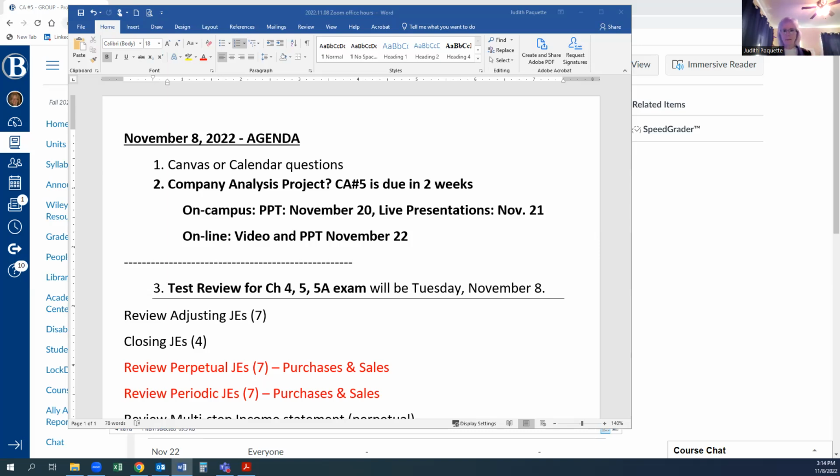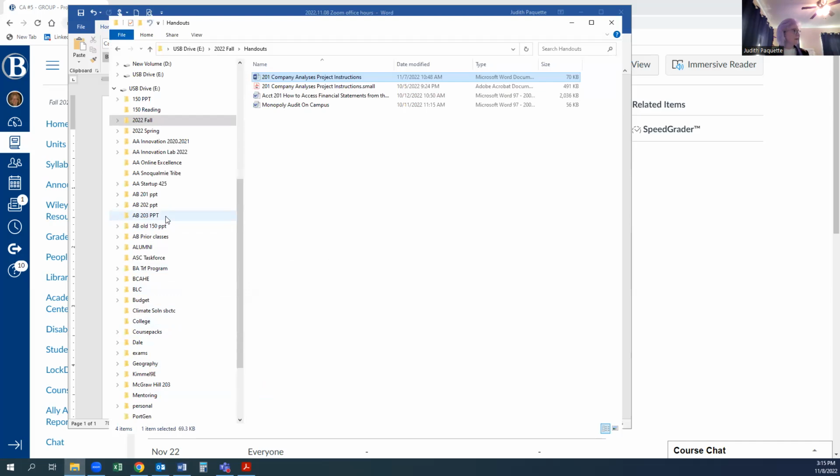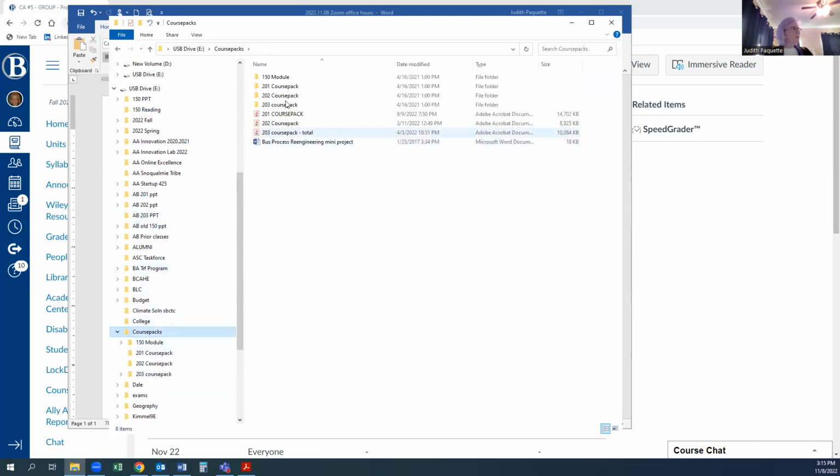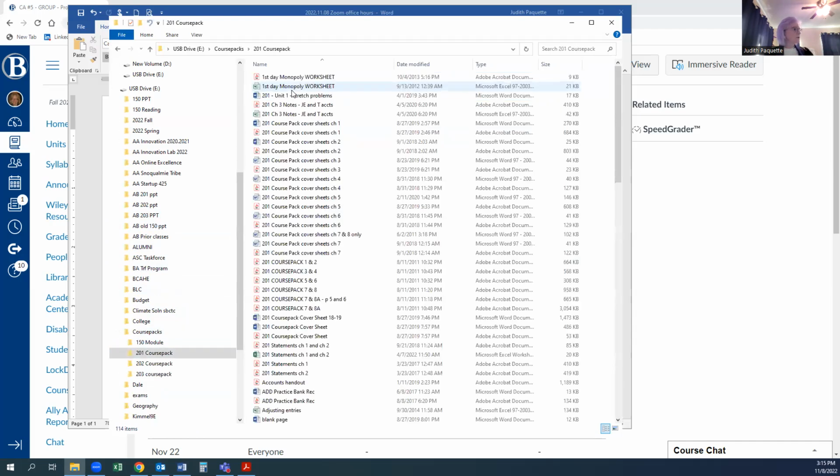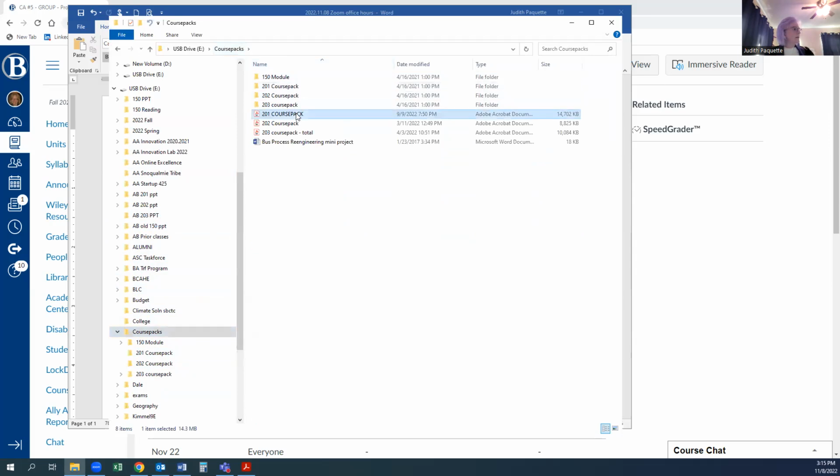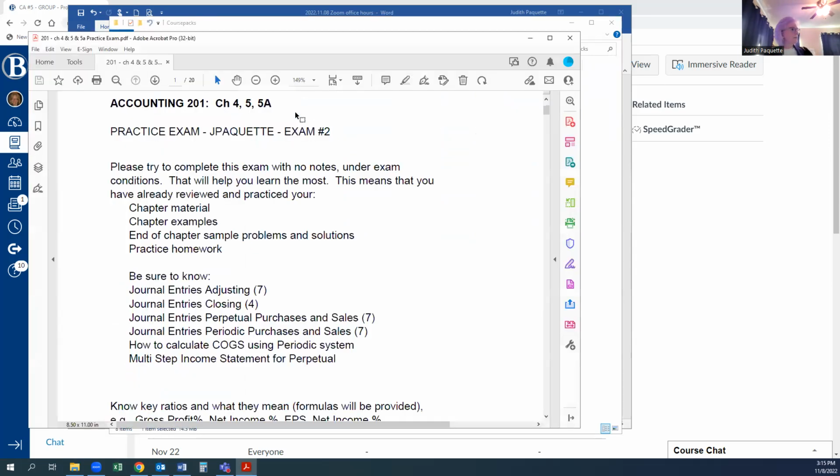And then you've got income before tax, then you've got income tax expense, and then you've got net income. A really good picture of that is in the optional course pack. And I'm just going to bring that up real quick, just so you see. There's one in your textbook too, but I also put it in the course pack.